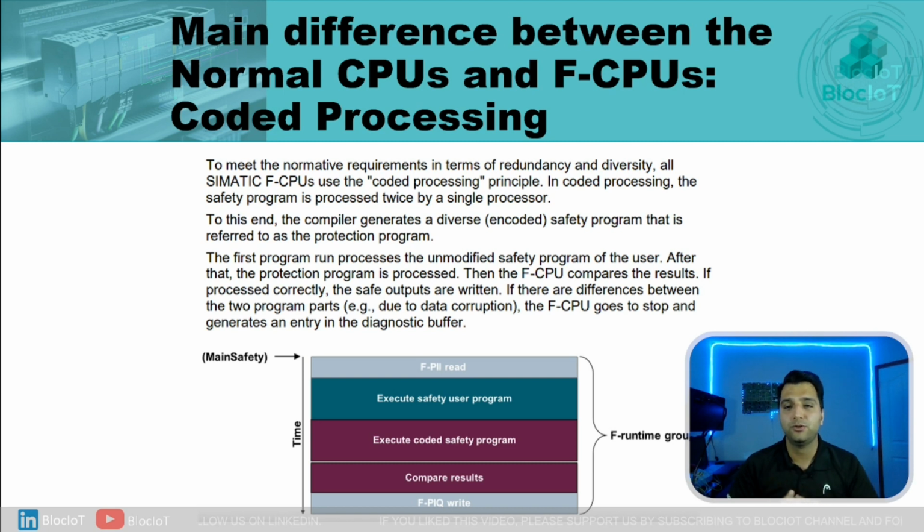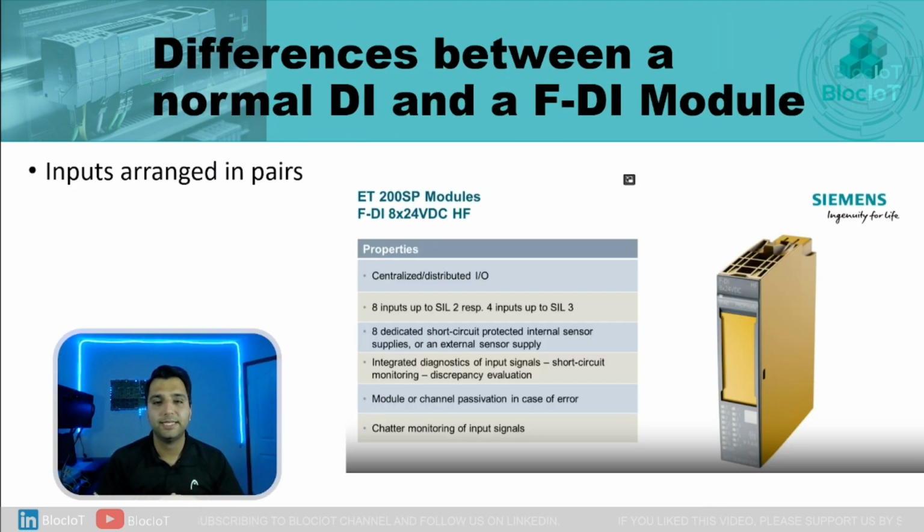In other words, when you write a safety program and compile it, the CPU or the TIA Portal creates another set of system function blocks, which does the same thing as your user program does, and then in the end it compares the results of all this program to make sure the data is not corrupted.